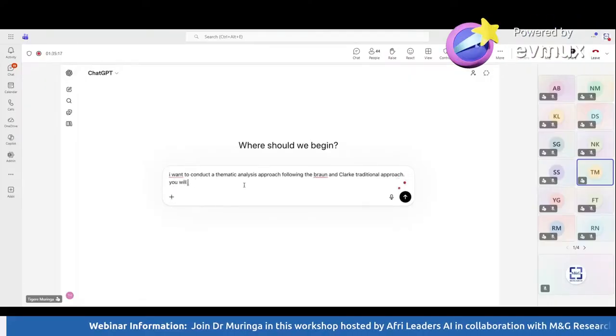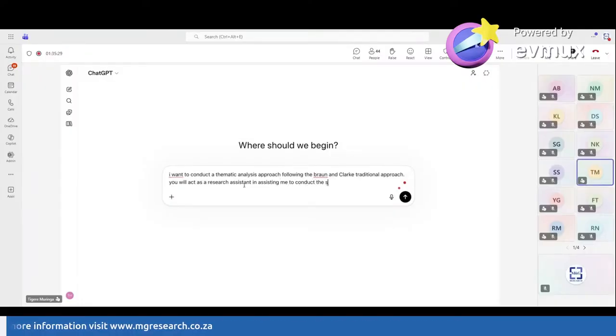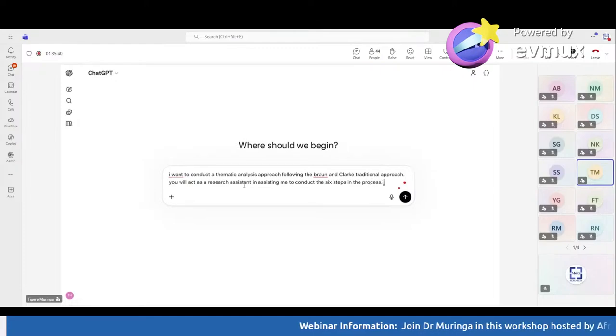You will act as a research assistant and conduct the six steps in the process.